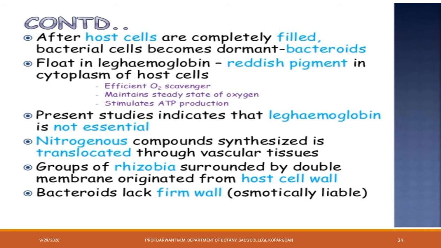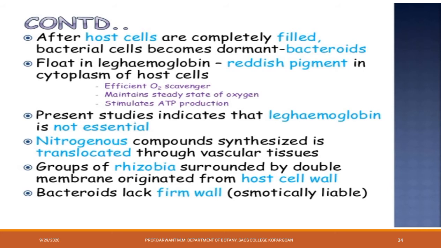After the host cells are completely filled with bacterial cells, the dormant bacteroids form. Leghemoglobin, a reddish pigment in the cytoplasm of the host cell, is an efficient O2 scavenger, maintains a steady state of oxygen and stimulates ATP production.